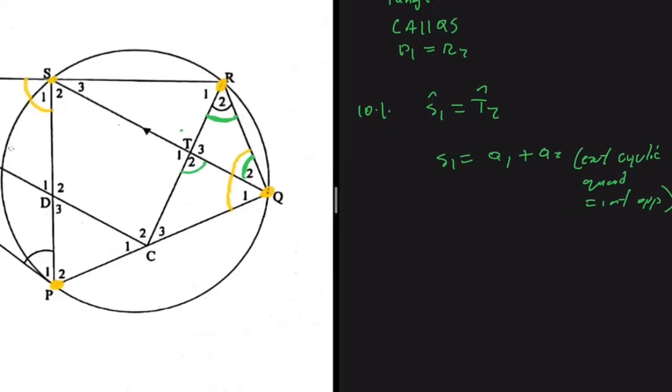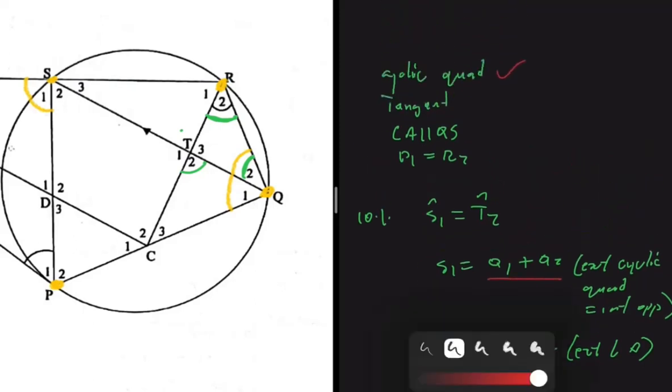So what are we saying here? We're saying that T2 will be equal to R2 plus Q2, an exterior angle of a triangle is equal to those two interior angles, right? So from here, where do we go? We can see that S1 is equal to Q1 plus Q2 and T2 is equal to R2 plus Q2, right?